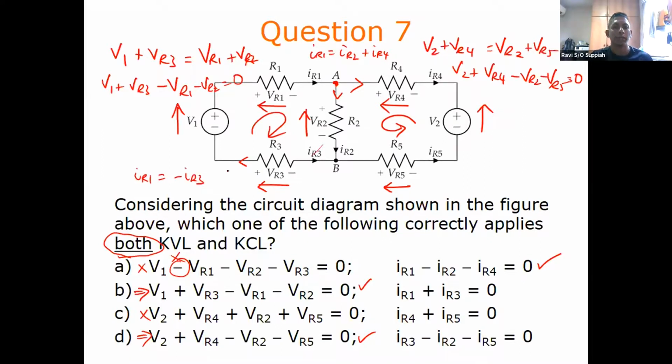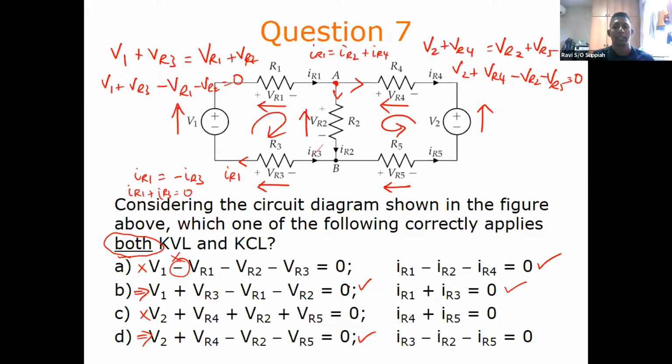The current going this direction, we call it IR1. The current going the other direction, but in the same branch, is the same current value, but in the opposite direction. So it's negative IR3. So rewriting it, IR1 plus IR3 equals 0. So this is correct.